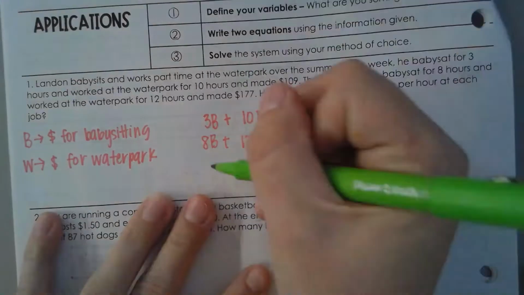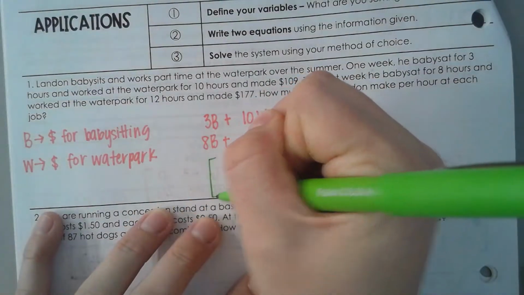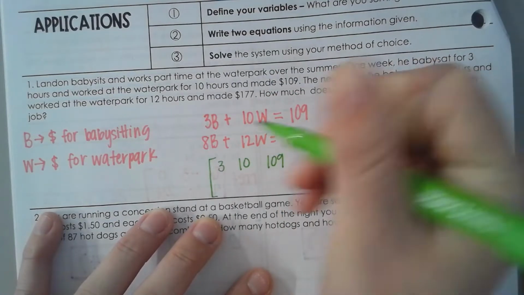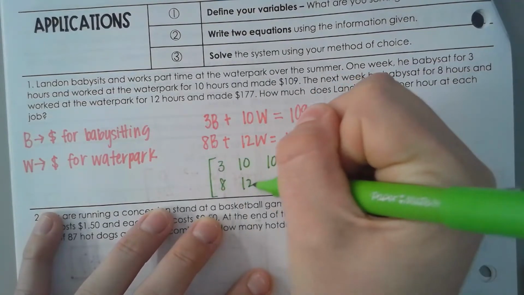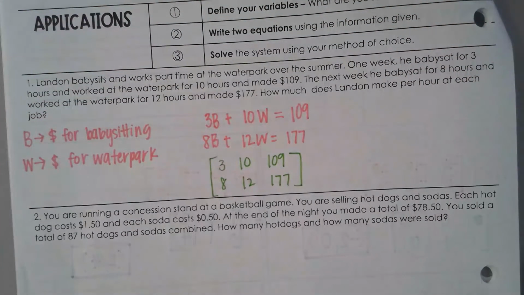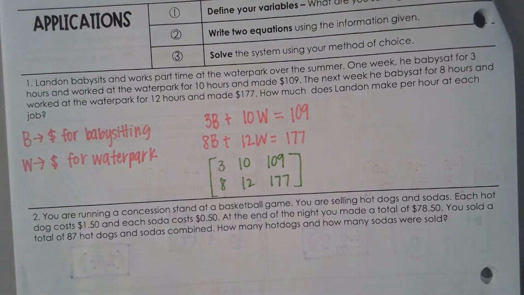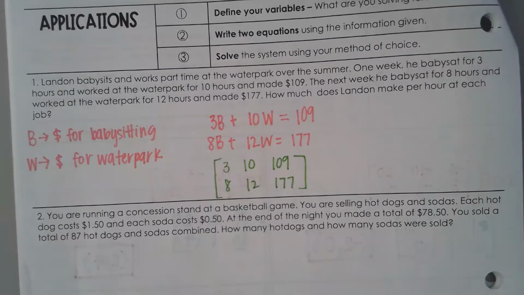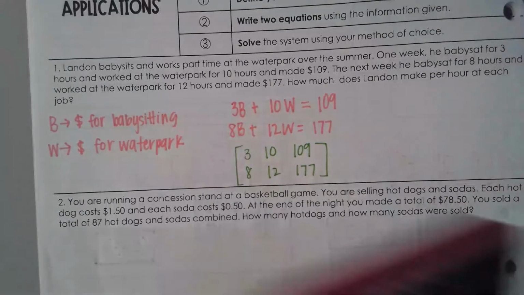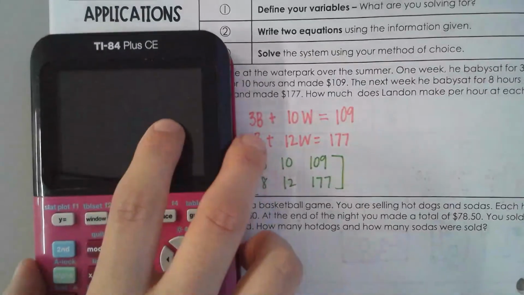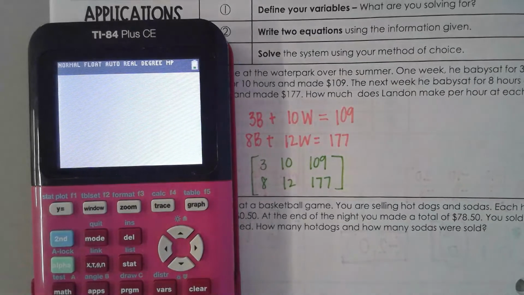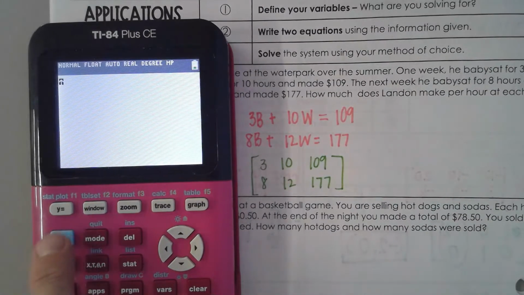So remember, we turn this into a matrix. We take those numbers, put them in a 2 by 3 matrix, and then get your calculator ready because I'm going to remind you how to type this in. You do second.